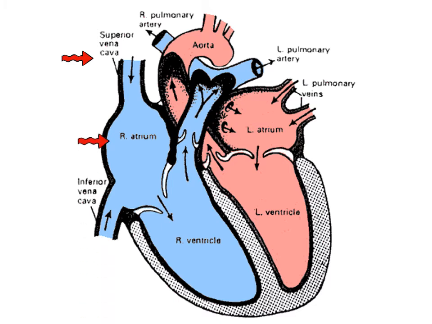Then it goes into the right atrium, through the flaps, which are the valves, to the right ventricle. It comes out through arteries, and this is the pulmonary artery. So it comes out through arteries and then it picks up oxygen from the lungs.